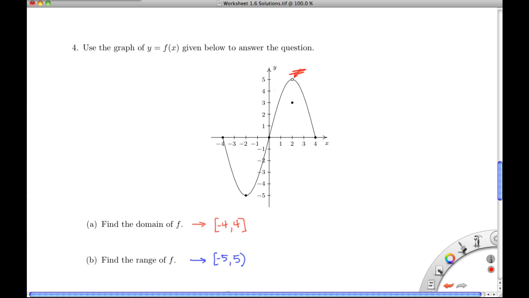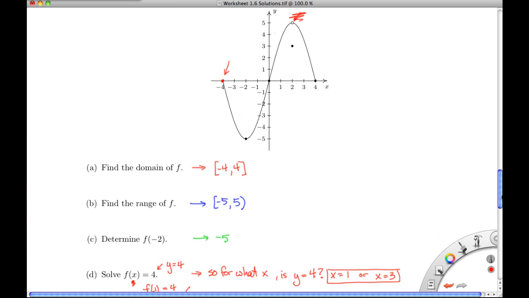So this one is not going to be included as a local max. However, and this one might be a tough one to see, right here at -4 we actually have a local max, because this point right here has a larger y value than any of the other points close to it or around it. So relative to the points around it, that point is a maximum.